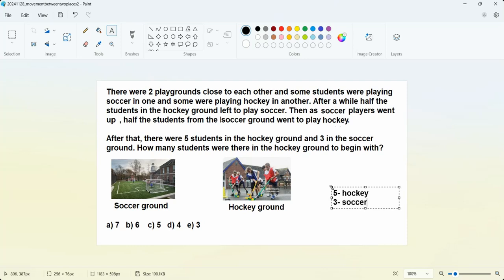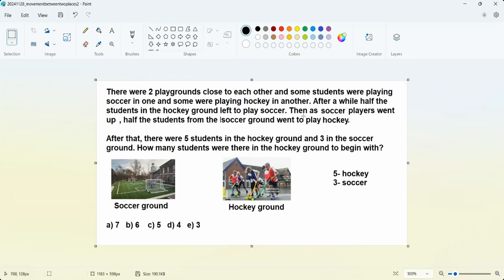Now let's see how we can get the number of students who were there previously. What happened just before this?